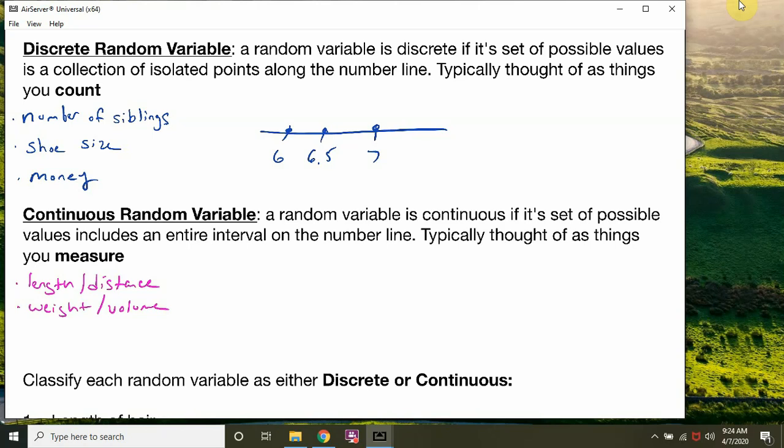These are things we measure. We measure area, temperature. Okay, these are all just examples of things we measure. These are continuous random variables.